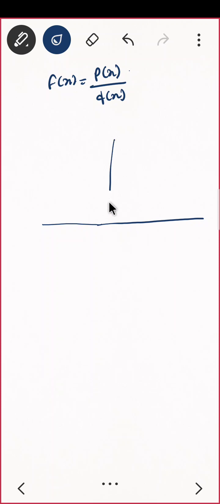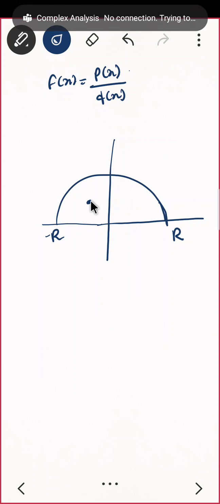That means your q of z must have at least one zero above the x-axis. Say this is minus r, this is r. So it must have at least one zero.